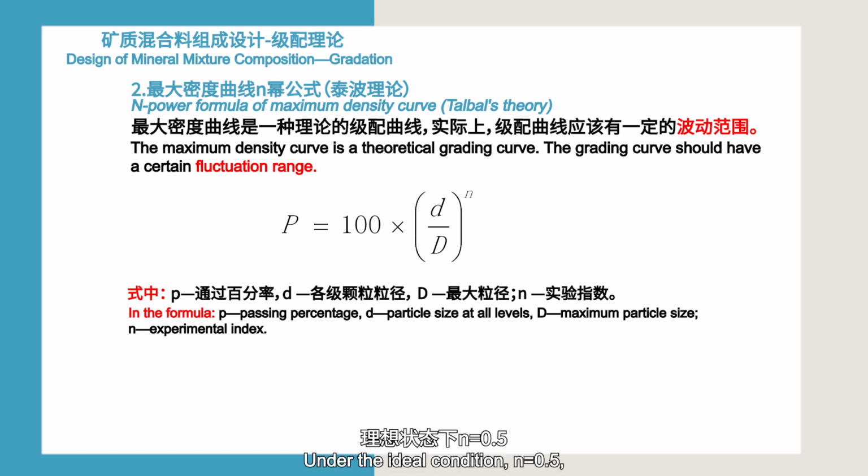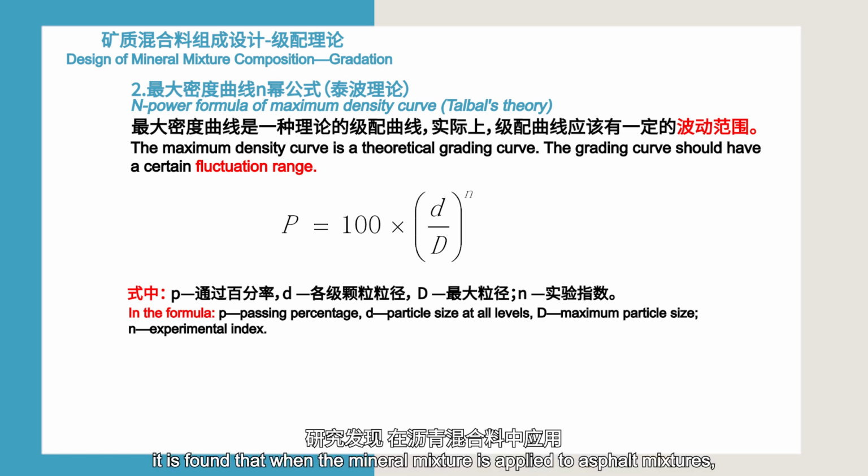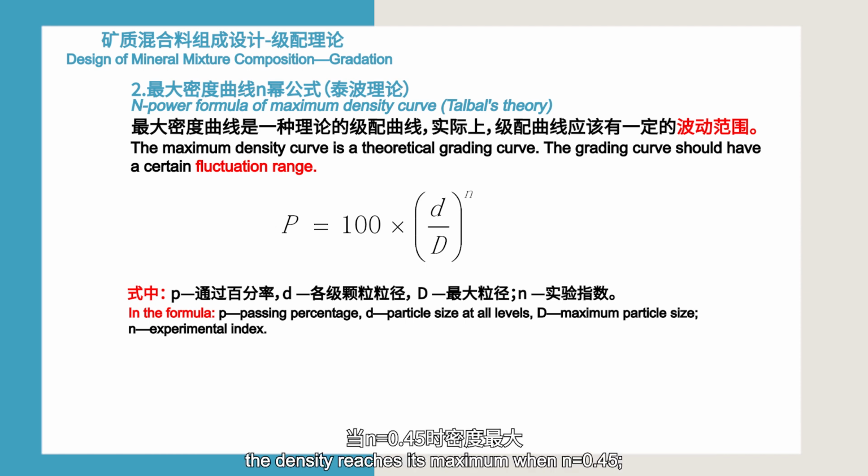Under the ideal condition, n equals 0.5. It is found that when the mineral mixture is applied to asphalt mixtures, the density reaches its maximum when n equals 0.45. When the mineral mixture is applied to cement concrete, the workability is better when n equals 0.25 to 0.45.